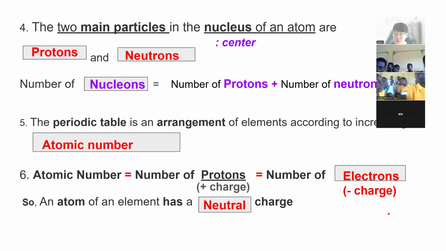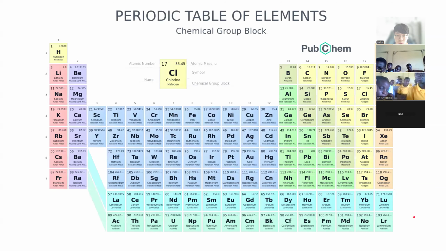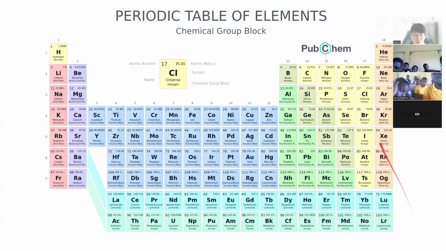So this is the review slide for that. And the next slide has the periodic table of the elements. This is where I talked about how there are increasing atomic numbers as we go left to right and then down.